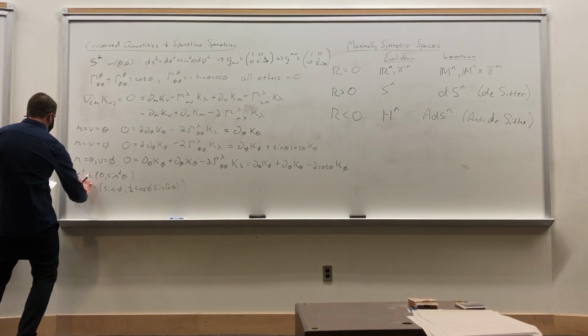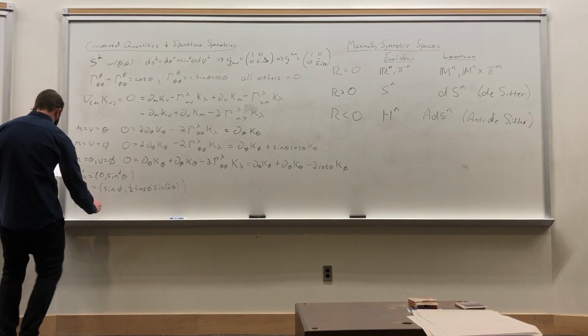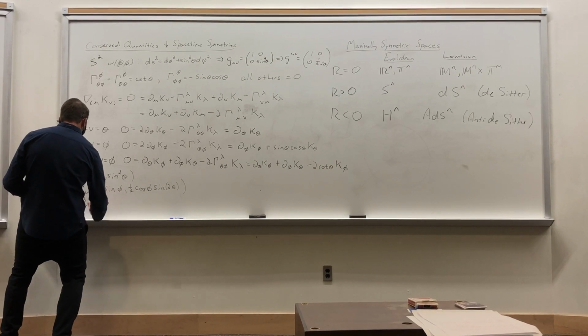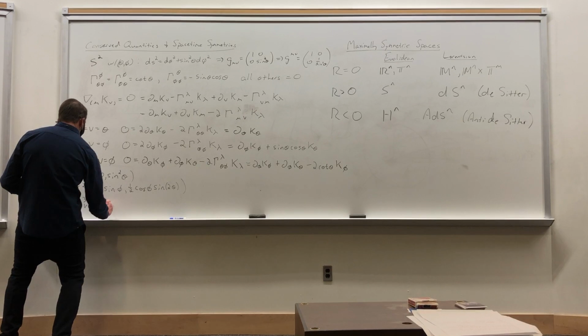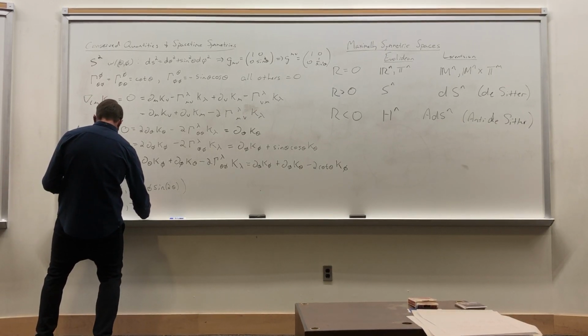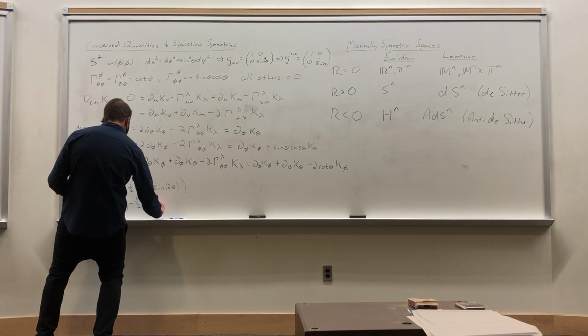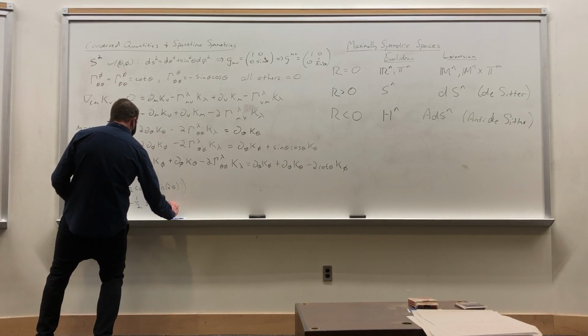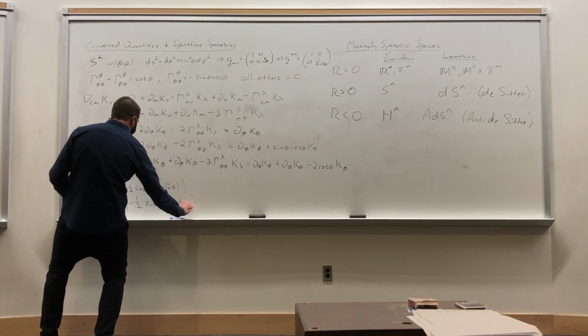And maybe I should have called them nu, it's fine. And K3 nu is cosine phi, minus 1/2 sine phi sine 2 theta. Okay?